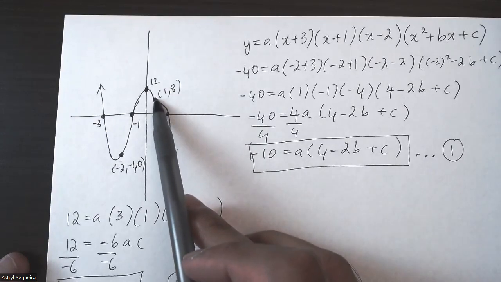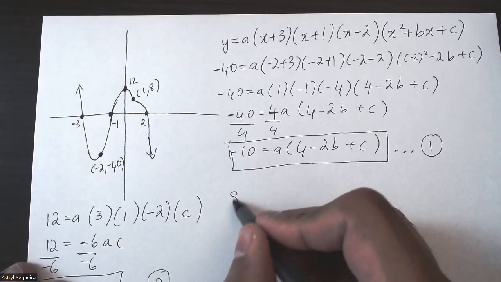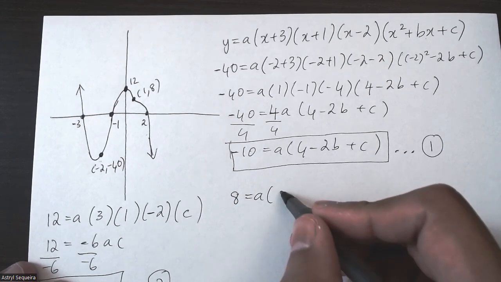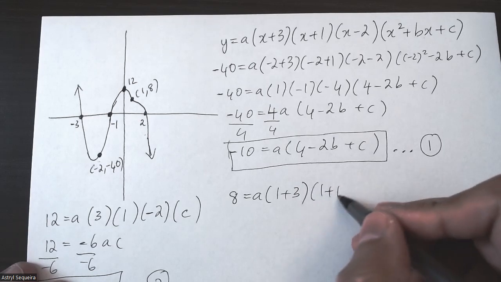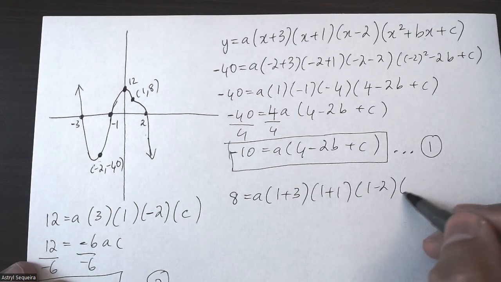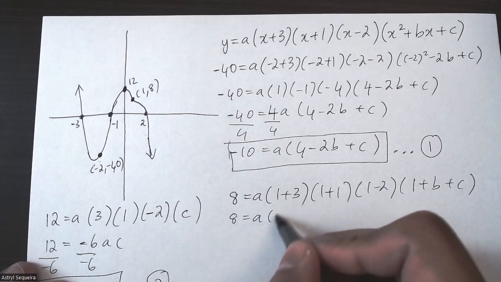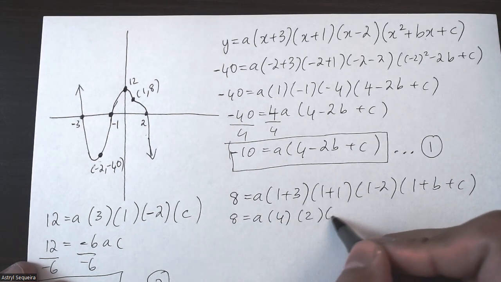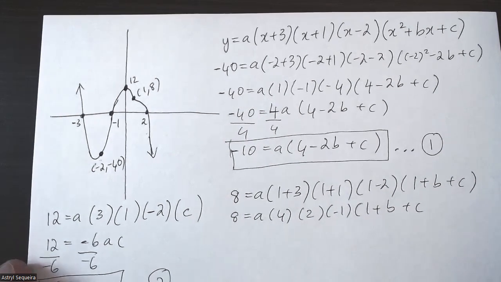I'll sub in the third and final point, 1, 8, into this equation. So 8 equals a times (1 plus 3), (1 plus 1), (1 minus 2), (1 squared is 1, plus b plus c). I'll simplify the brackets: 4, 2, -1, and (1 plus b plus c).